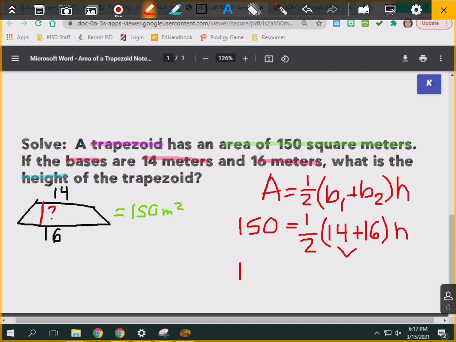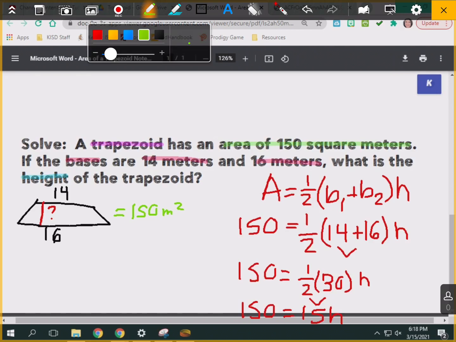So 14 plus 16 gives me 30. So 150, 1/2, and 30. I need to simplify this first. 1/2 of 30, or 30 divided by 2, would give me 15. Now I'm down to something where I can do one last move and get that variable all by itself.